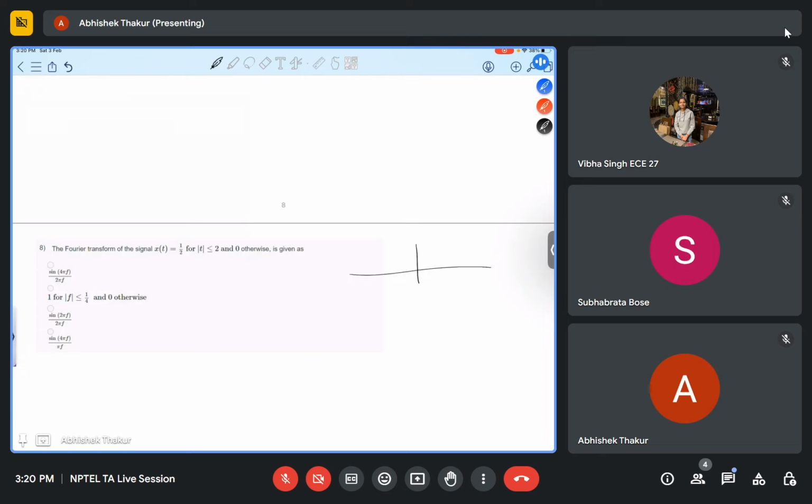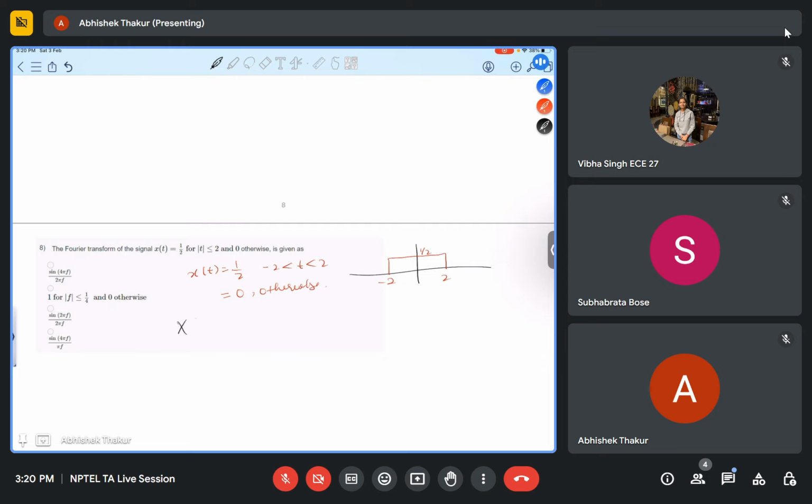First we'll draw the signal x(t). This value is half for t from minus 2 to 2. So x(t) is equal to half if t is greater than minus 2 and less than 2, equal to 0 otherwise. So we have to find the Fourier transform of this.